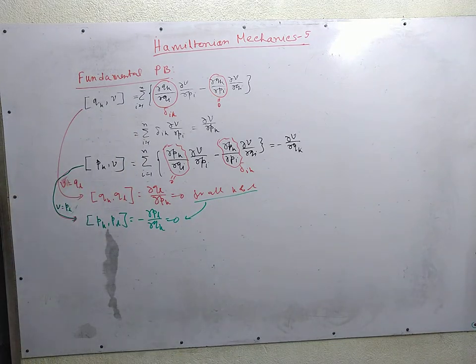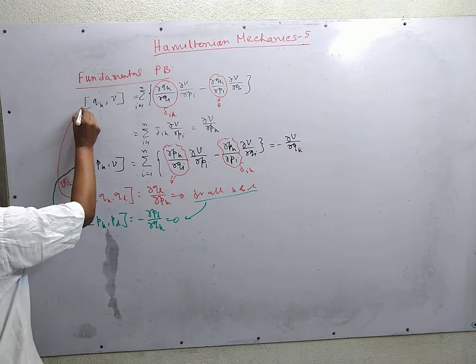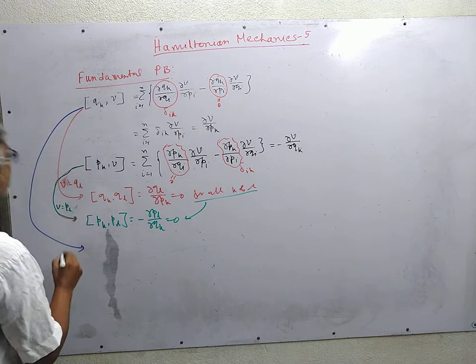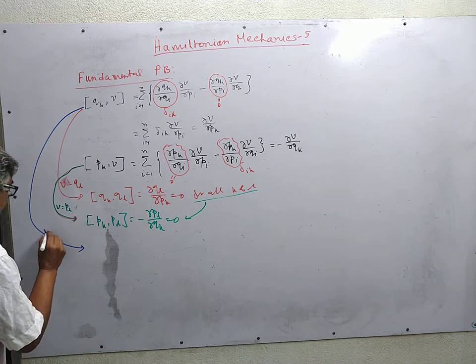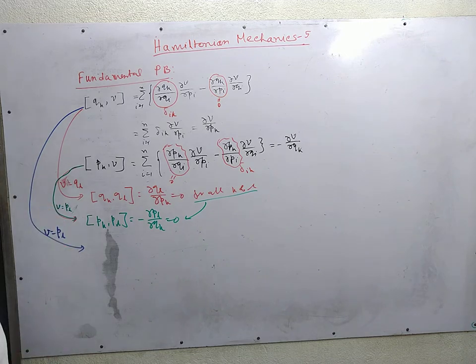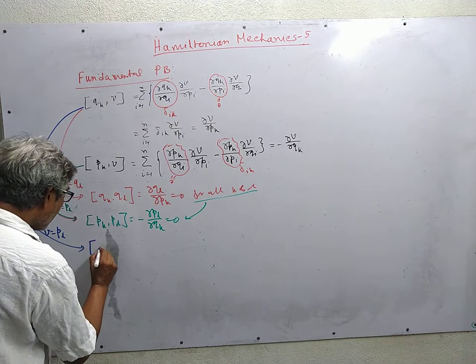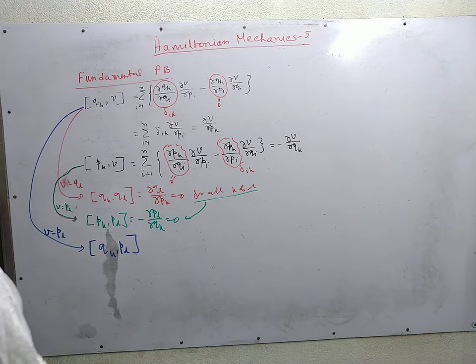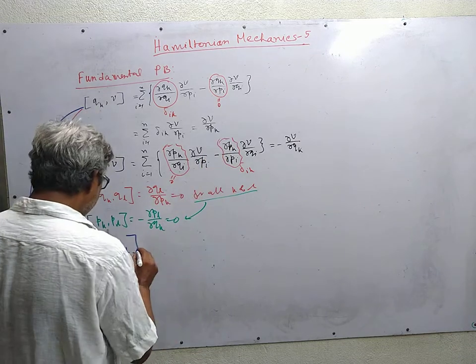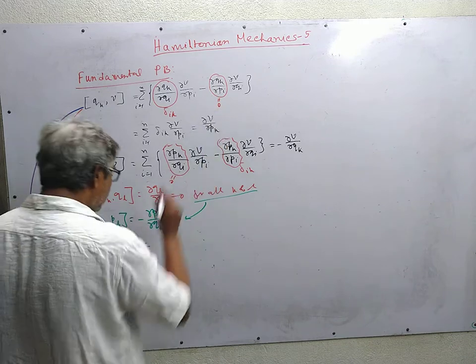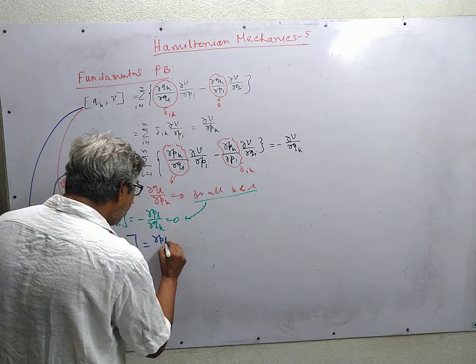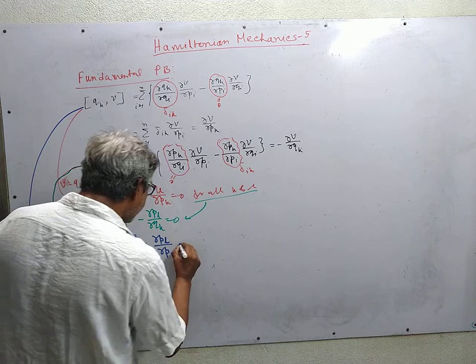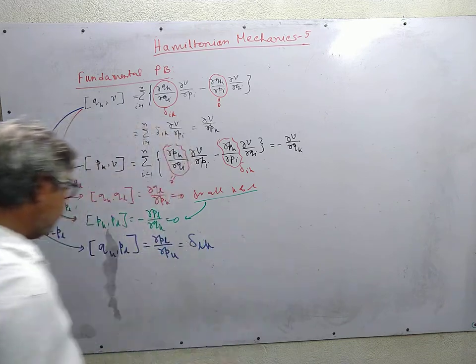One interesting case arises, however, if we consider this expression with v equal to pl. Then we have [qk, pl], that is ∂pl/∂pk, equal to delta of lk.